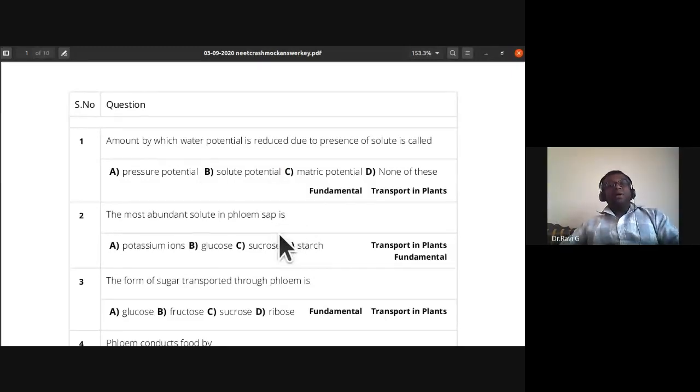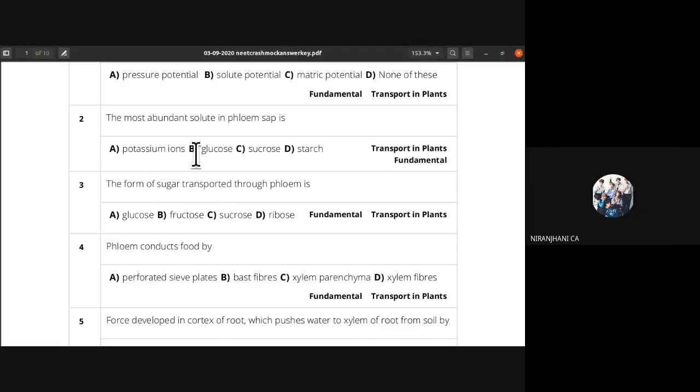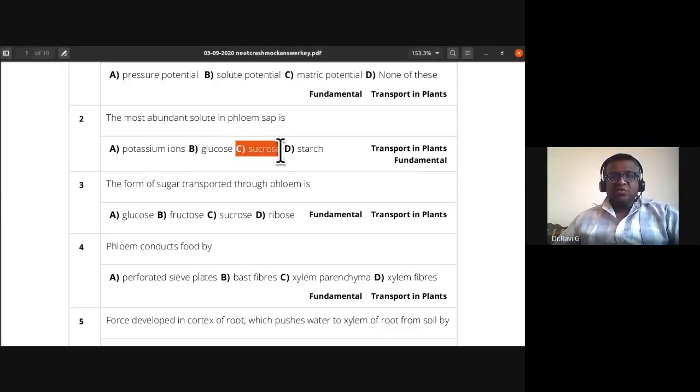The most abundant solute in phloem sap is it potassium ions, glucose, sucrose, or starch? Very true. It is sucrose. C, sucrose is the answer.